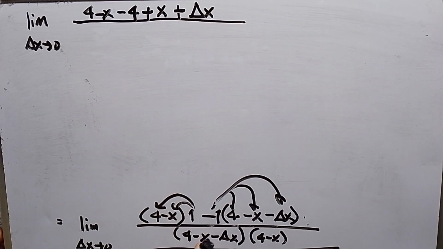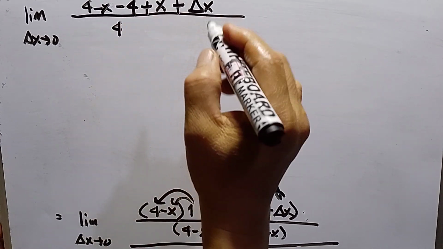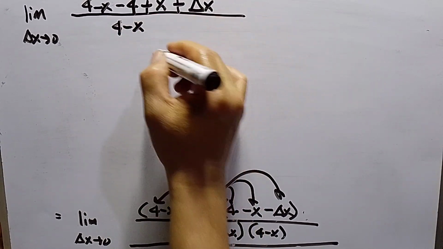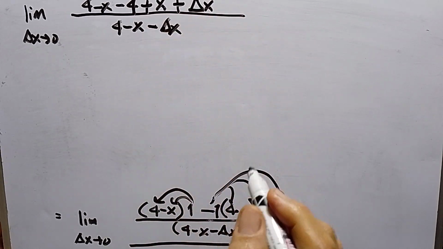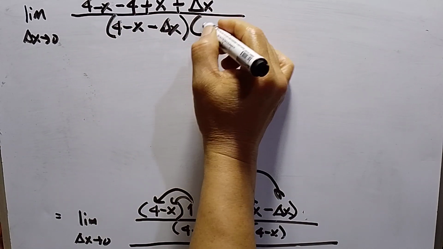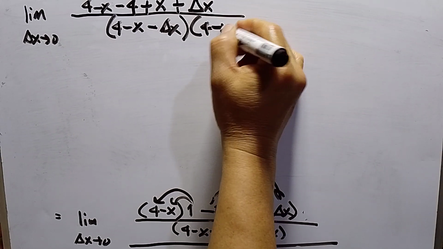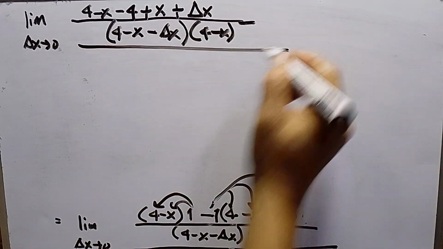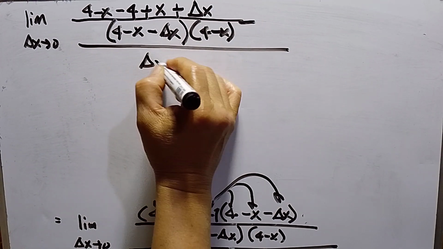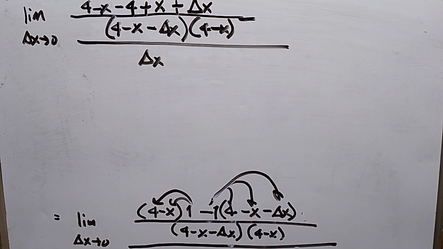And then my LCD is 4 minus x minus delta x times 4 minus x, all over delta x, with the limit as delta x approaches 0.